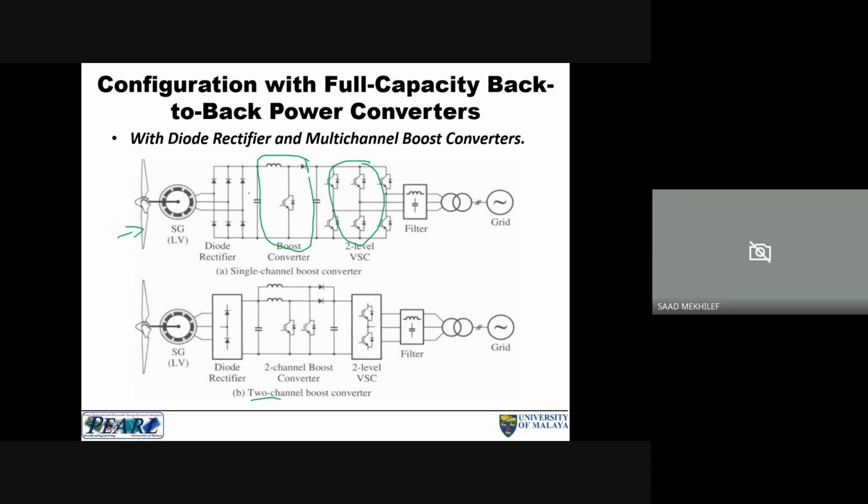So this DC-DC converter regulates the DC bus voltage, and then the inverter, then the transformer, and then the grid. That's the objective of using this boost converter in between, to boost the voltage to higher voltages.